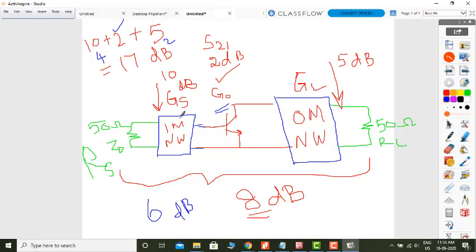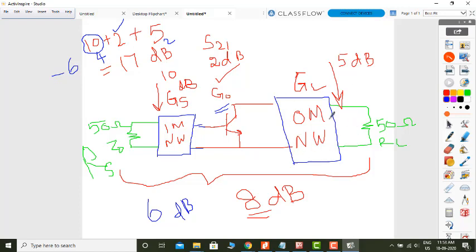In the input matching, we deliberately mismatch the network to make a loss of minus 6 dB from the maximum gain available from the input matching network, so we will be getting only 4 dB.